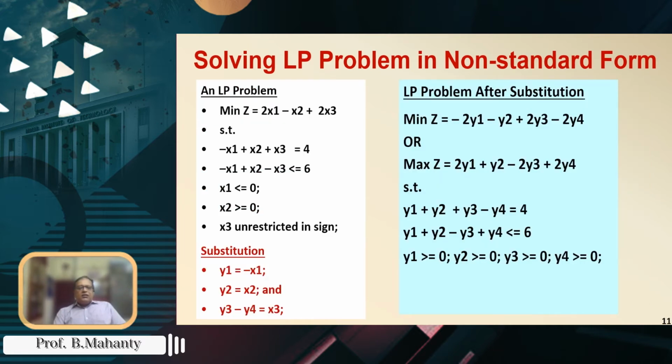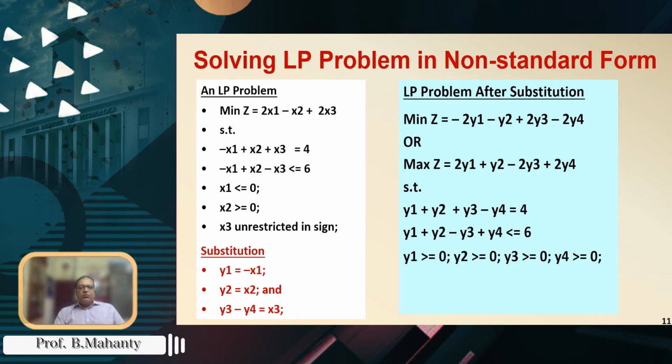So exactly that is written here. That is, minimize z equal to minus 2y1 because x1 is replaced by minus y1, minus y2, plus 2y3 minus 2y4 because x3 is replaced by y3 minus y4. So this substitution is also written here. All right, because in the objective function there are three negatives, you can transform it to a maximization problem.